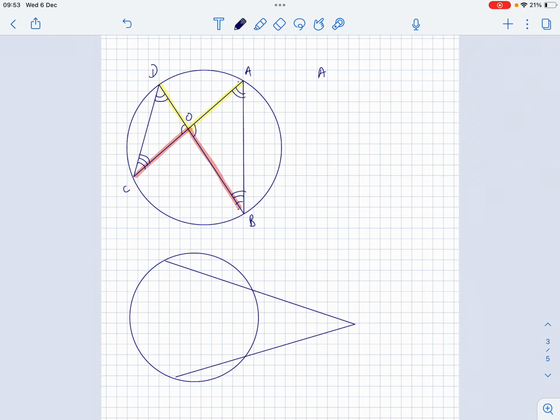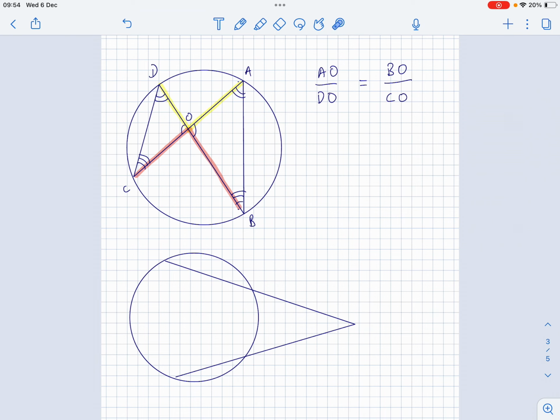So I'm going to take the larger of those two sides, which is AO, and divide it by DO. And I'm going to repeat that for these two sides that must also be in the same scale factor. So the larger of those two is BO, and the smaller CO.